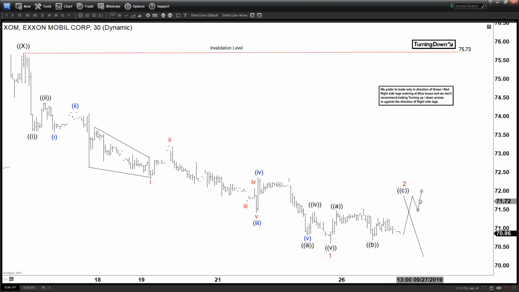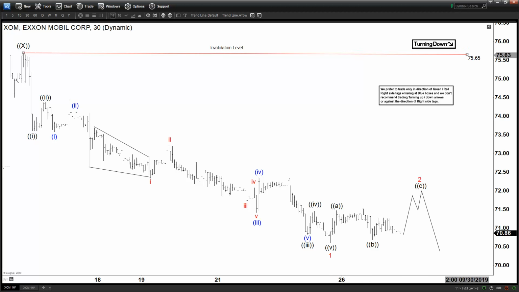And currently we have this A, B, and we're looking for a wave C that could be in 5 waves. So this could be 1 of C, 2 of C, 3, 4, 5, and once this is complete, as far as this level 75 is holding, we should continue to see more downside again because of the 5 wave structure from here.